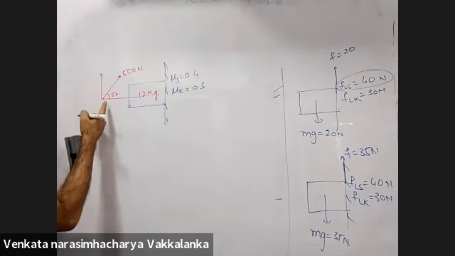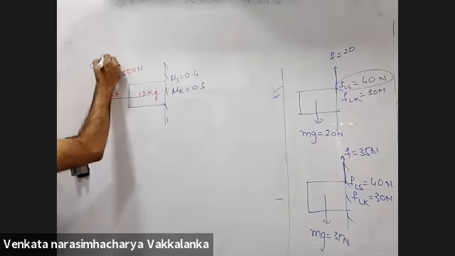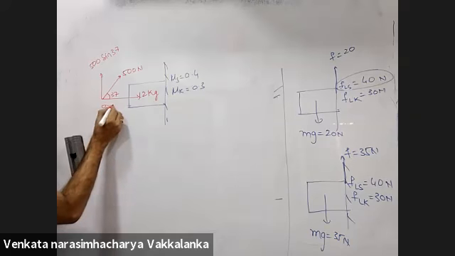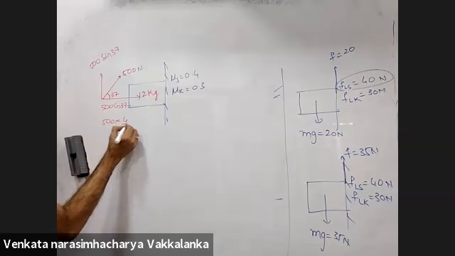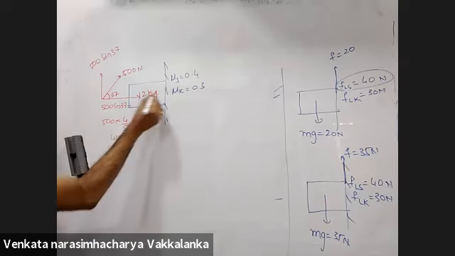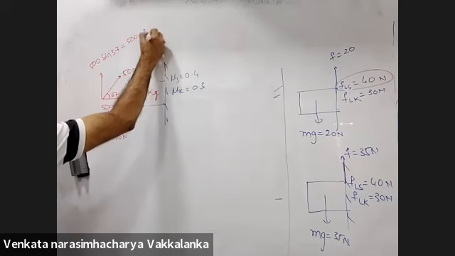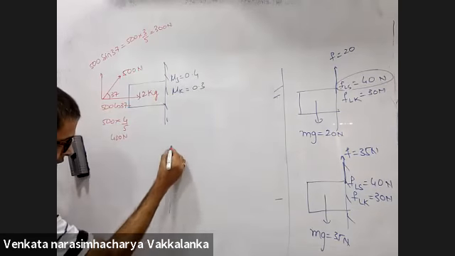Now 500 sine 37 and this will be 500 cos 37. 500 into 4 by 5 will be 400 Newton in the horizontal direction. 500 into 3 by 5 will be 300 Newton in the vertical direction.